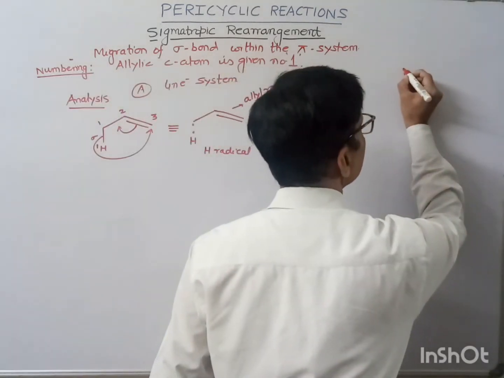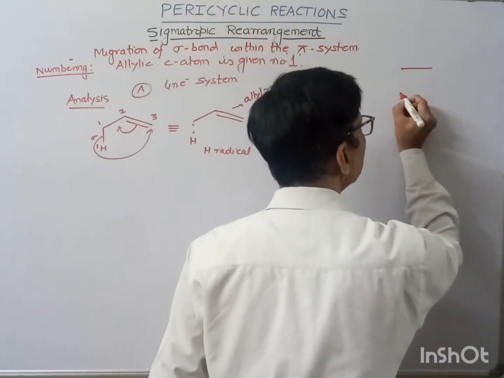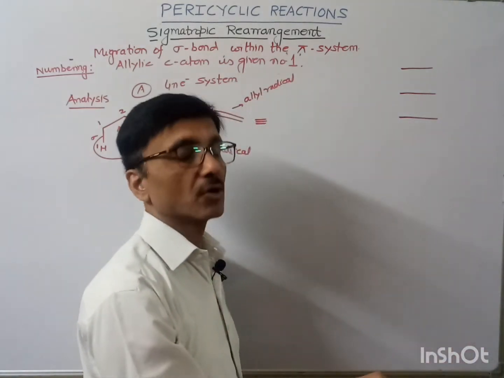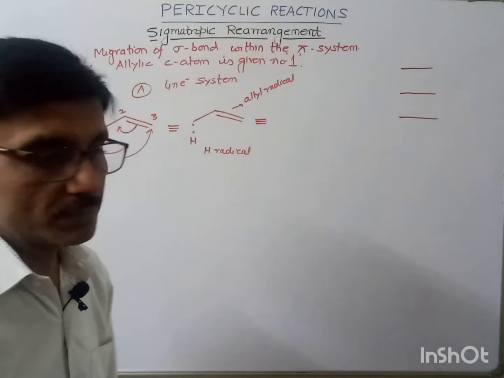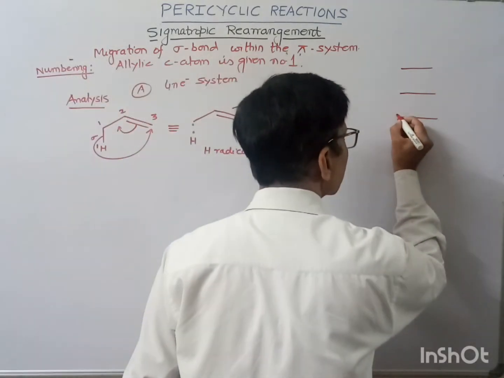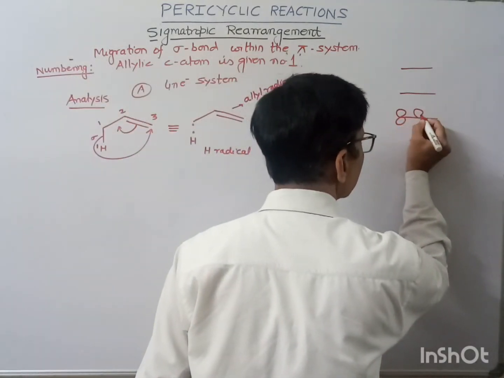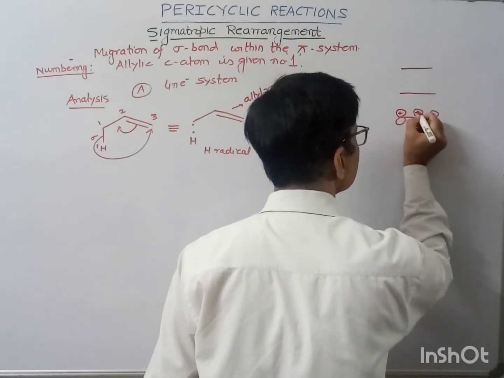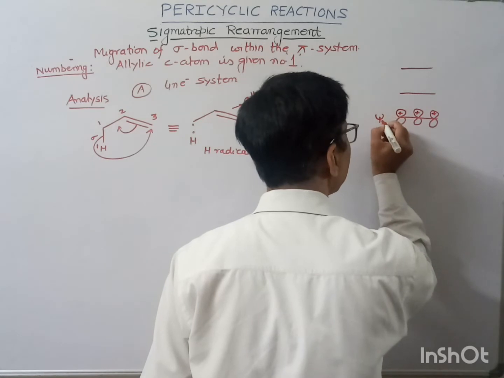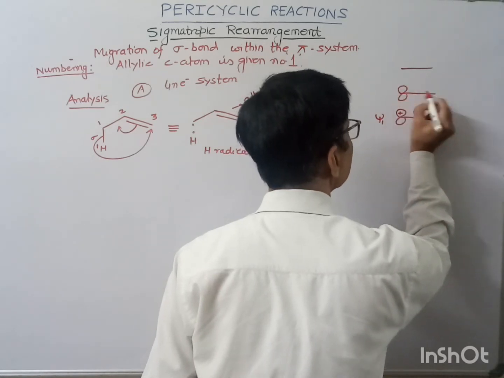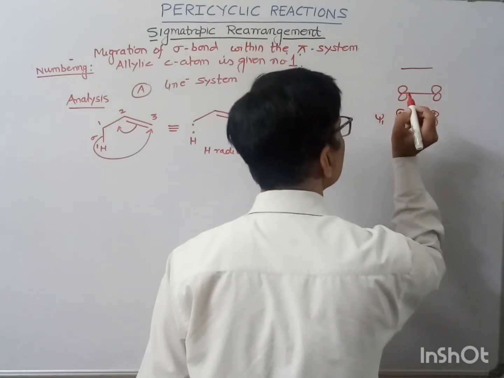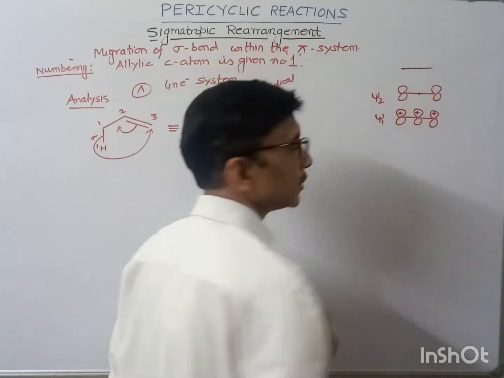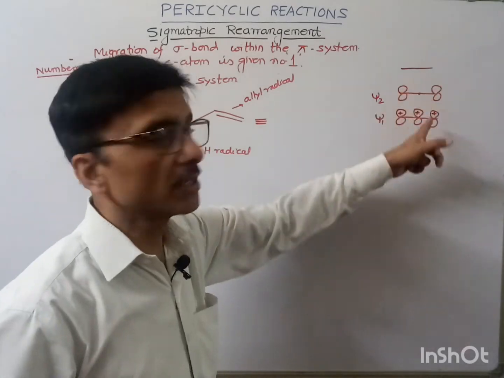So the allylic radical is an odd electron system, an odd atom system. How many molecular orbitals would be formed? 3 molecular orbitals would be formed. One is plus, plus, plus, this is psi1, and then psi2 is our non-bonding orbital, in which one node is present and passes through the carbon atom.